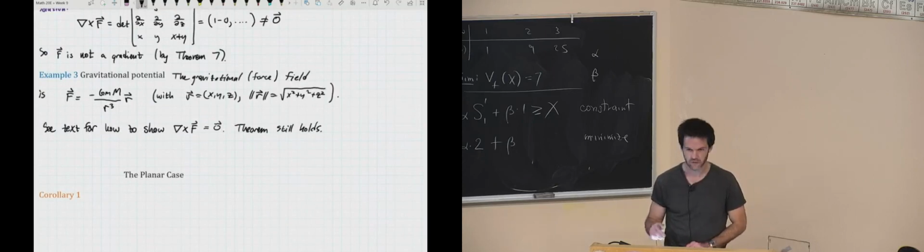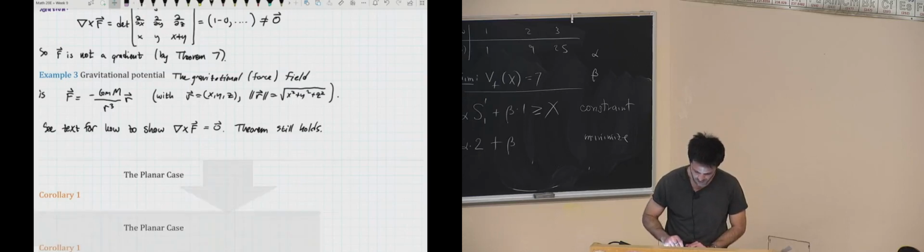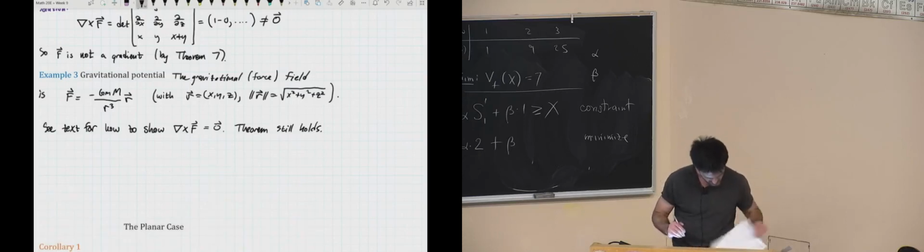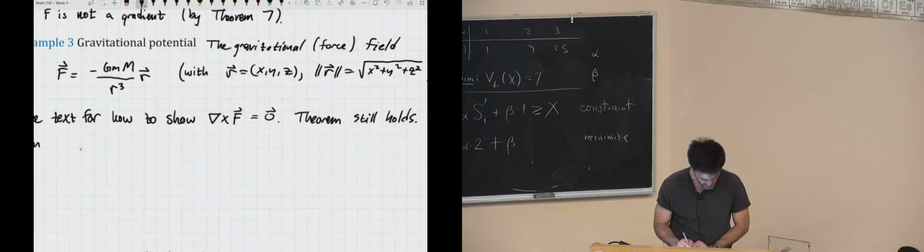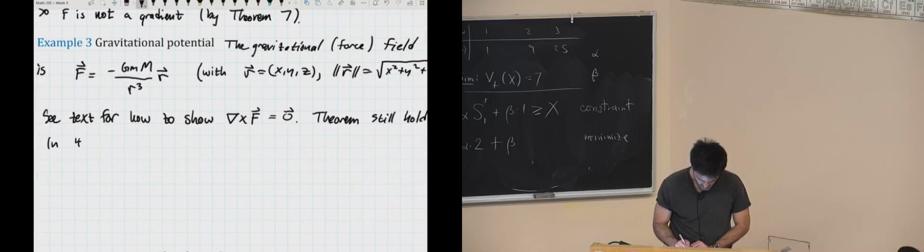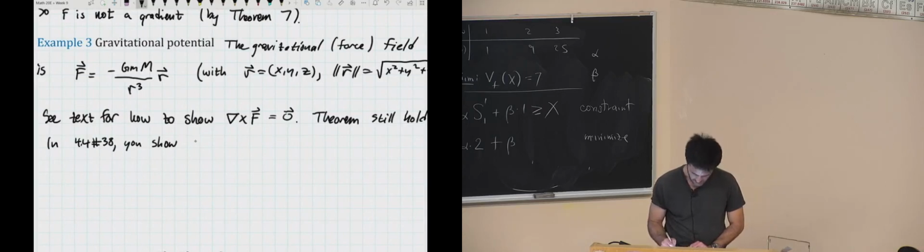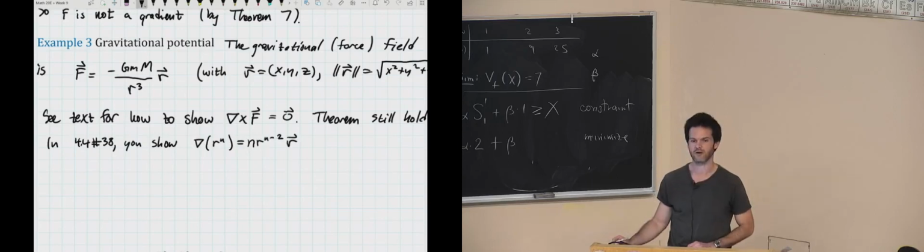And you can then solve the problem using a homework problem that I gave you, so you'll see why it's important, or one reason. In 4.4 number 38, you have to show that the divergence of the gradient of r to the n is n times r to the n minus 2 times r. Did you guys have to turn in that assignment yet?